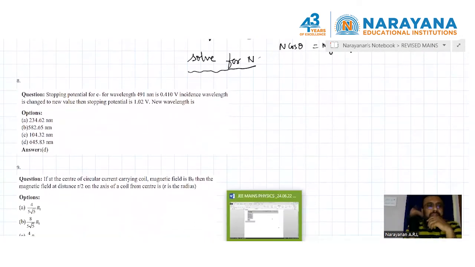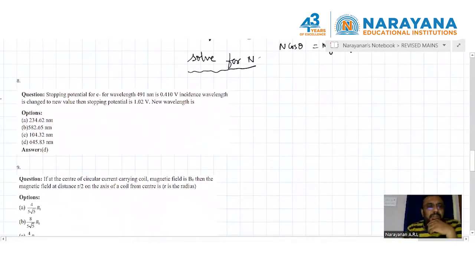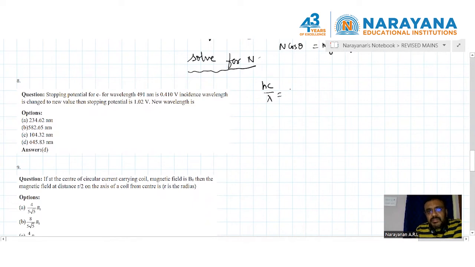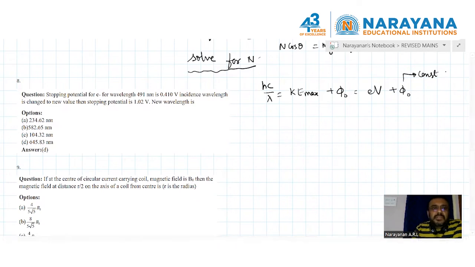Now this is a question based on the photoelectric effect. The stopping potential for electrons for a given wavelength is 0.410 volt. Change it to a different potential. What's the new wavelength? So hc by lambda is equal to K max plus phi naught, which is eV plus phi naught, where phi naught is a constant.